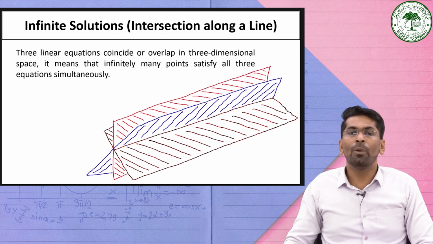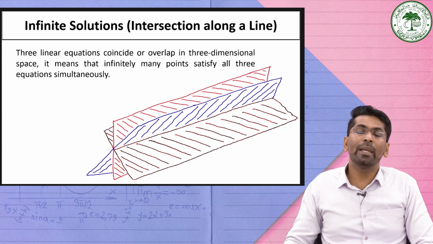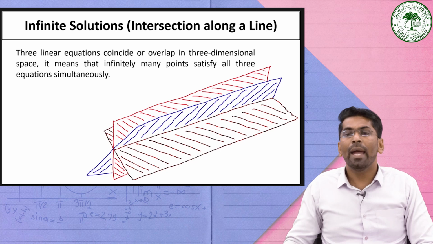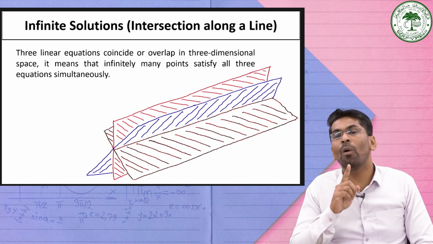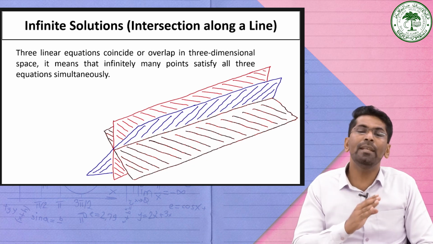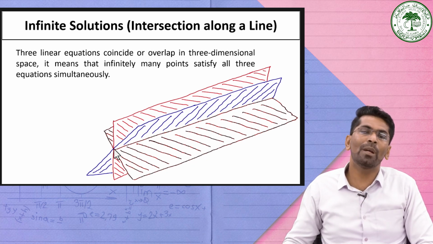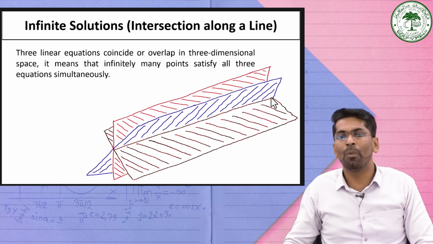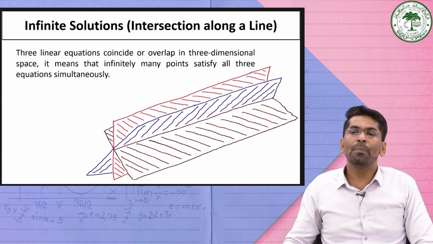In this case, the system is dependent, and the common solution lies along a line. The system has infinitely many solutions here. The solution lies from this particular point to this particular point, so we have infinitely many solutions. The planes overlap along this particular line, and any point on this line is a valid solution to the system.